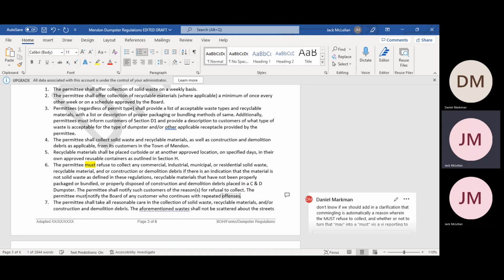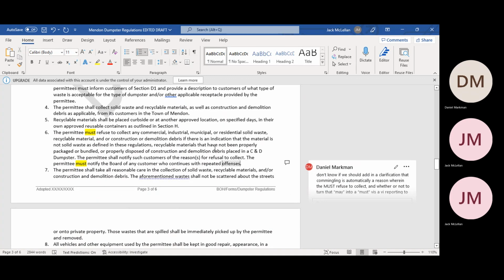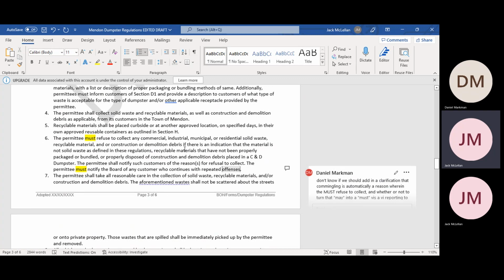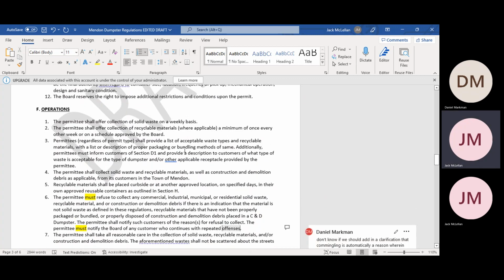We'll change that to must also. Yes, yeah. Anything for section F? It's the same as what I'm looking at.